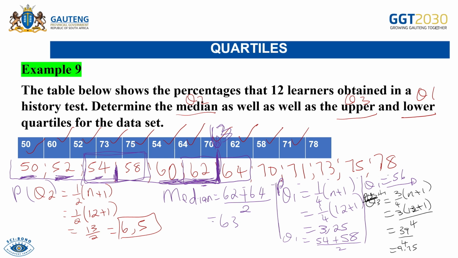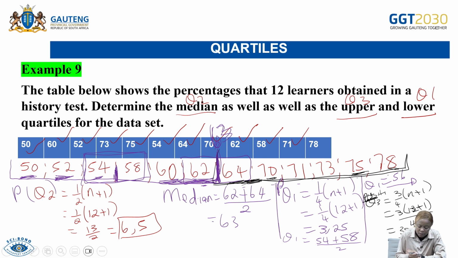I'll get my Q3. Okay, so I go to my data set, position 9,75. It's 1, 2, 3, 4, 5, 6, 7. 9,75 is going to be somewhere here in between. This is my lower half of the data. Okay, let me just erase a little bit because it is too busy here, ne?